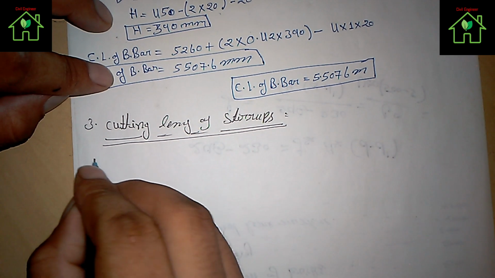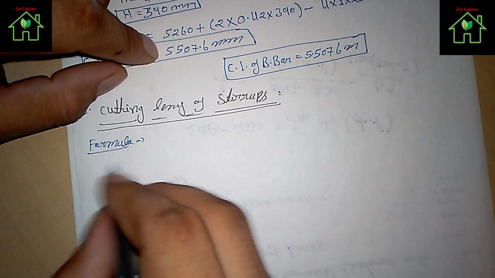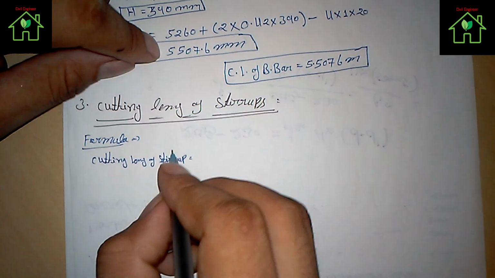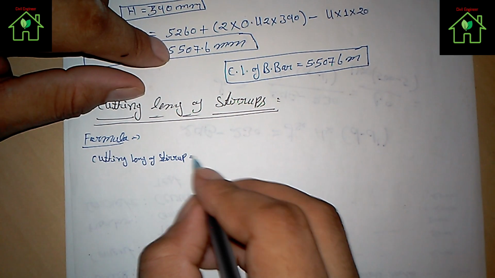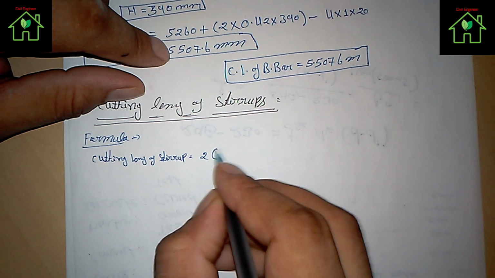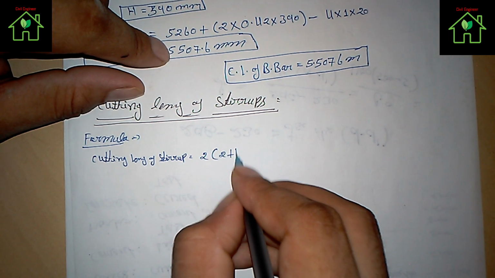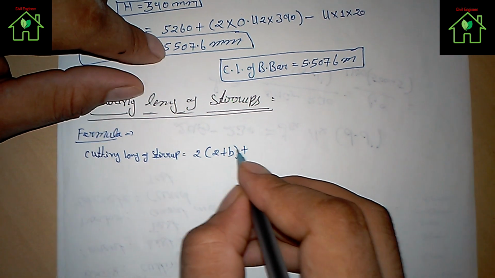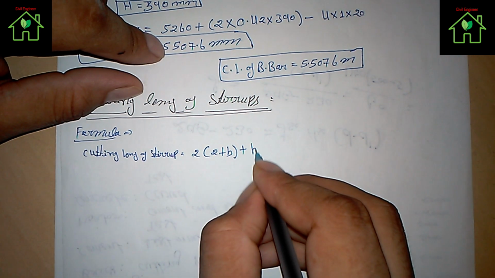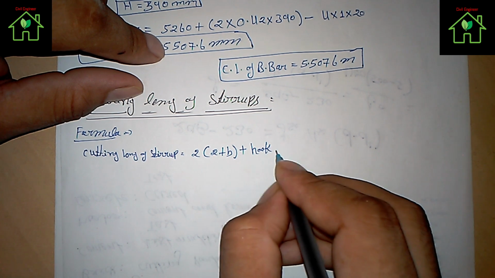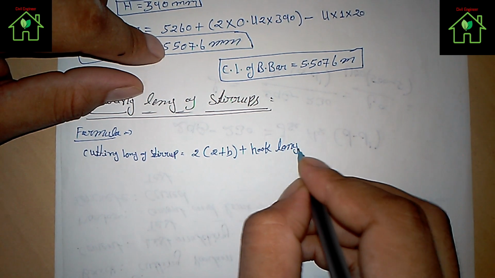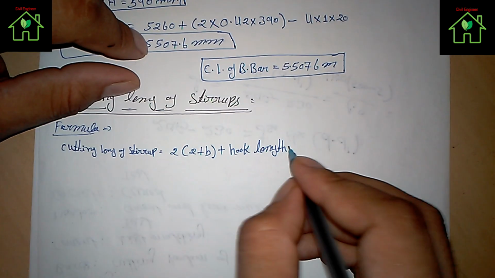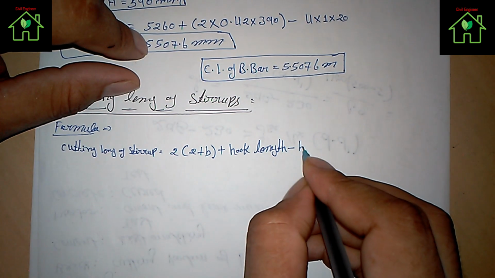We have a formula. What is the formula? 2a plus b plus hook length minus bends.